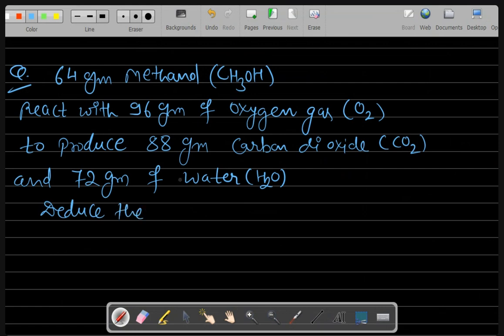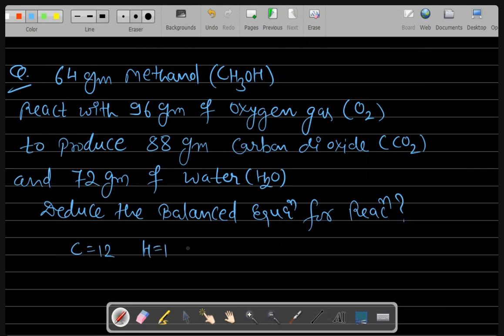We use the balanced equation for the reaction. Data is provided, so you need carbon, that is 12, hydrogen 1, oxygen 16. What will we do first?